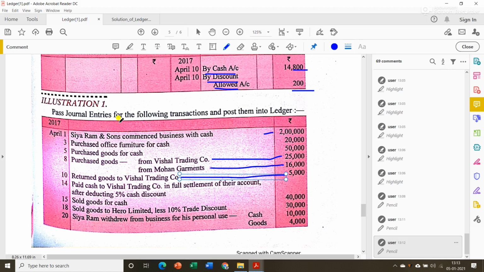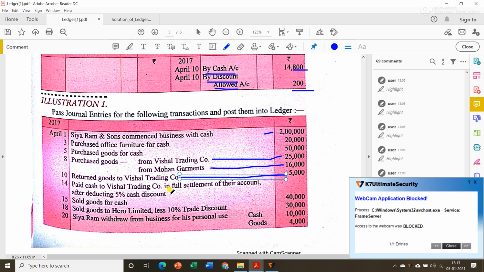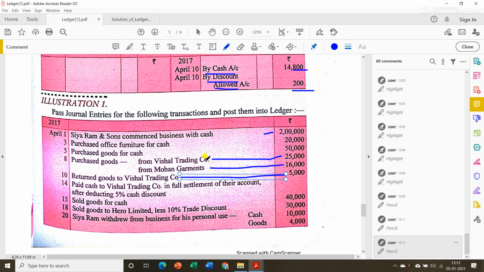Then next journal entry we have paid cash to Vishal Trading Company in full settlement of their account after deducting 5% of cash discount. Means we purchased goods worth rupees 25,000 from them, then we returned 5,000.